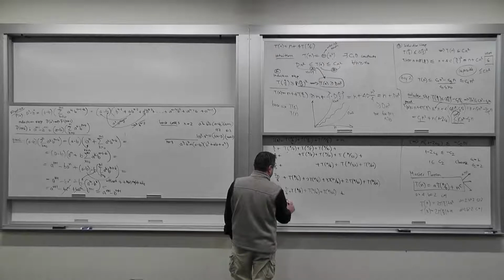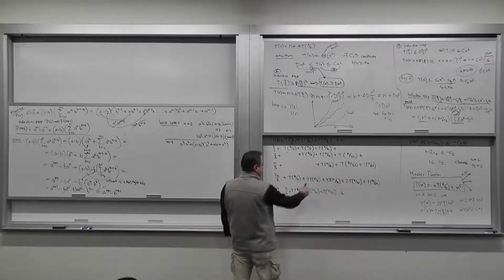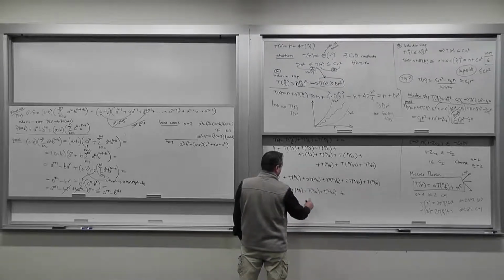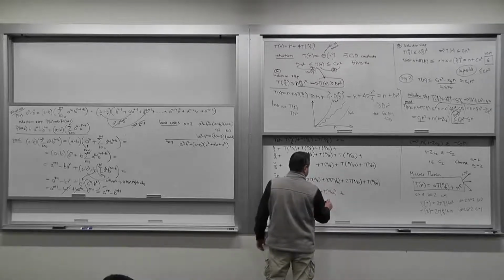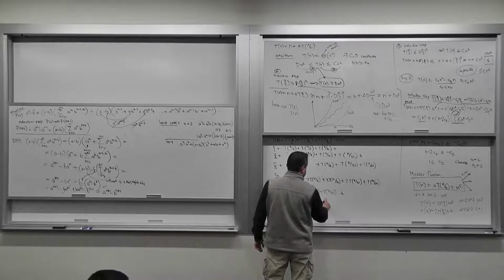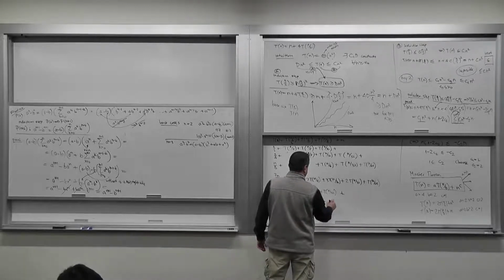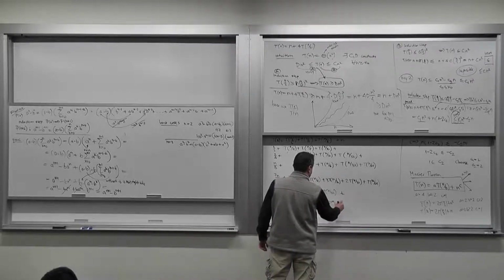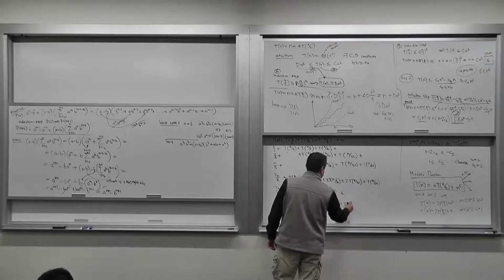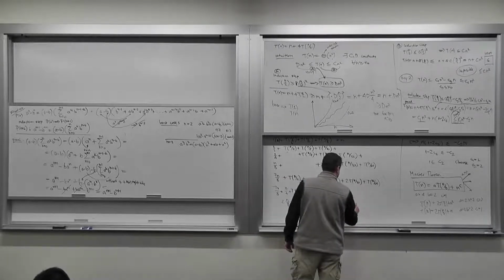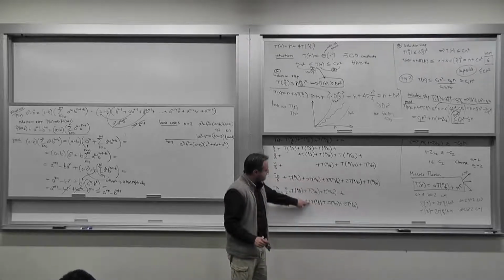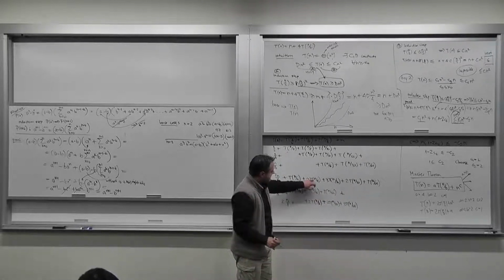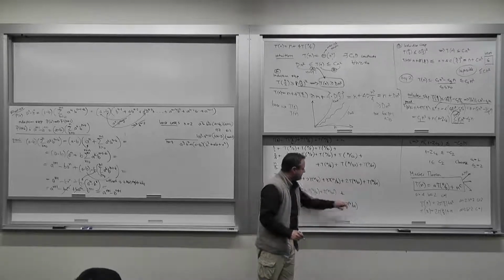by 8 here, plus, when I open this, I get 2T of n by 16, plus 2n by 32, plus 2n by 64. Is that right? N by 8. 2 is the 2 in front of everybody. So n by 8 is n by 16, n by 32, n by 64.